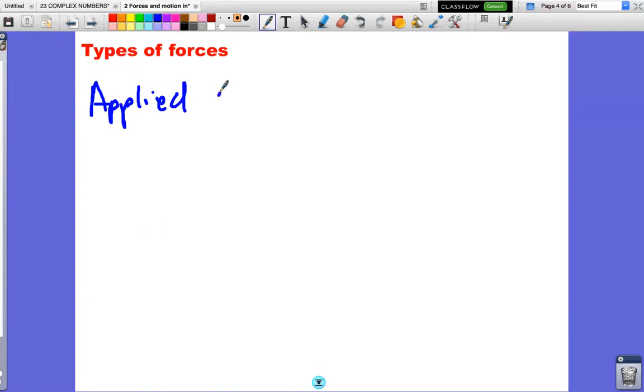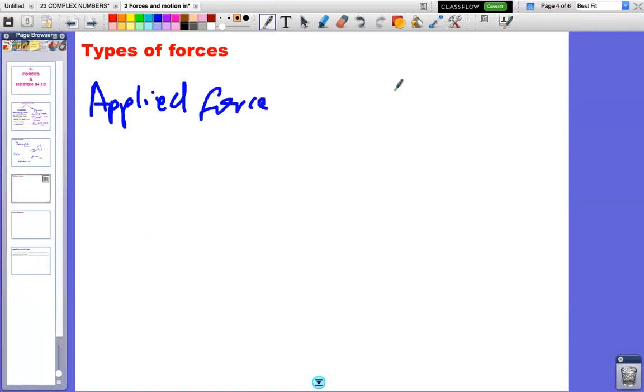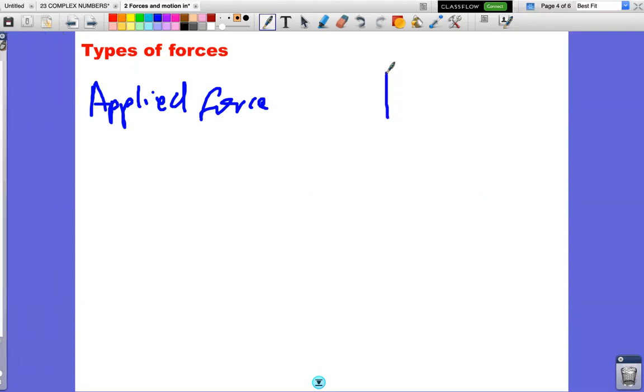Applied force. If you have a car or a cart, and this is you standing here, and you push this cart, then the force that you supply to it is the applied force.